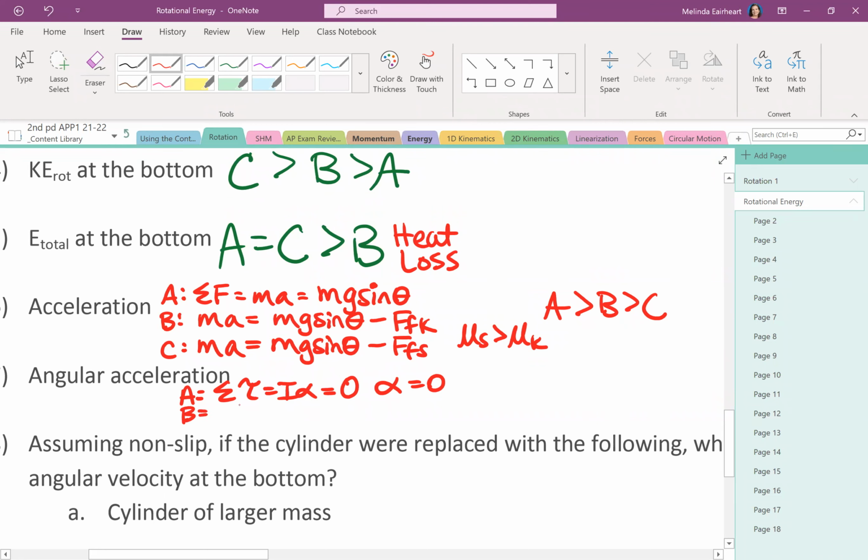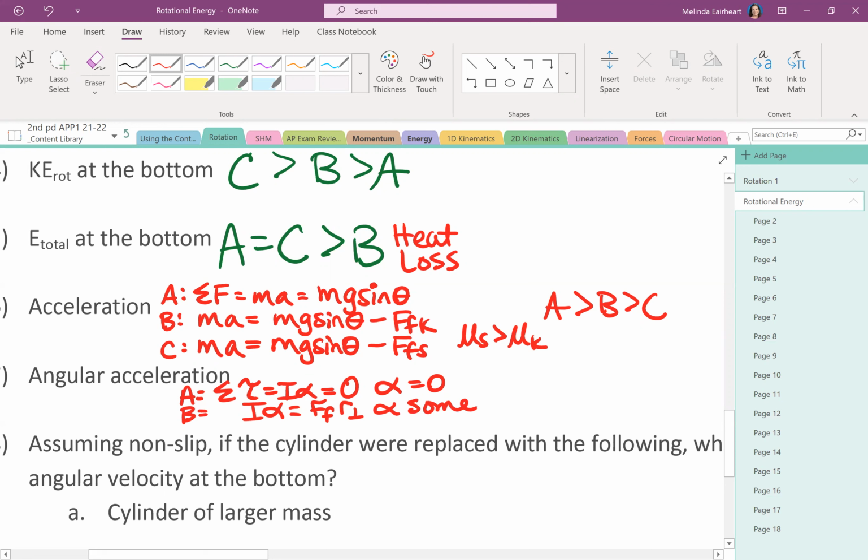B, net torque, same I alpha, same inertia. Who's rotating this B scenario? Sometimes it's friction. So we do have a frictional force times a lever arm, which would be the radius, but we'll have some alpha.